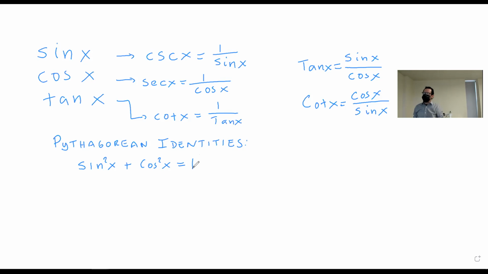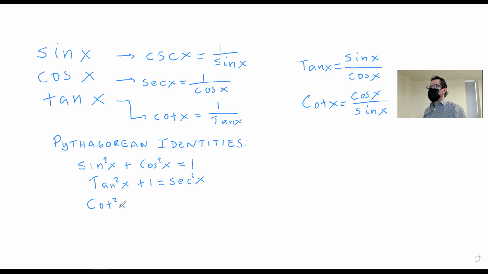There's a couple of other Pythagorean identities that can be used. Another one is tangent squared of x plus 1 equals the secant squared of x.